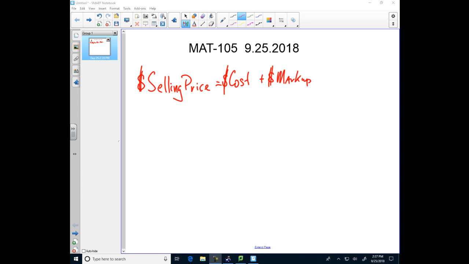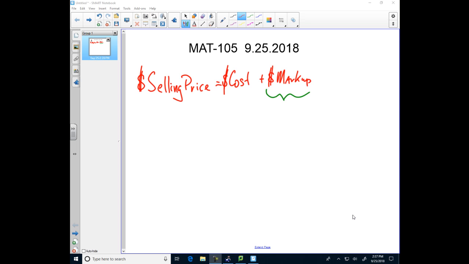And if you look on that handout I gave you, it's also 226 and 227 in your book. It mentions this, and then the book replaces that with some sort of percentages. Percentages of cost or selling price.